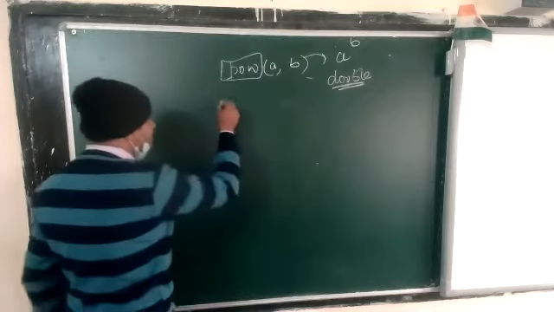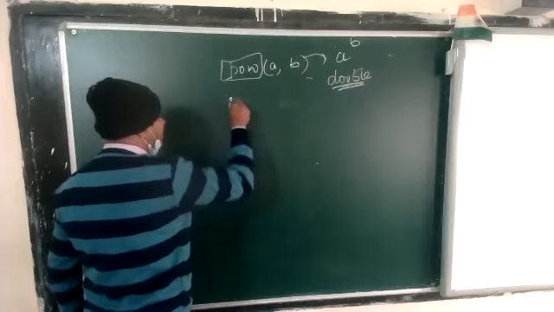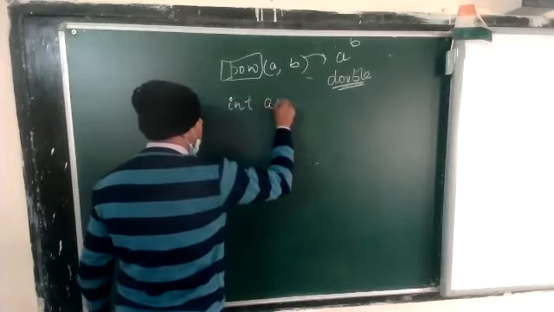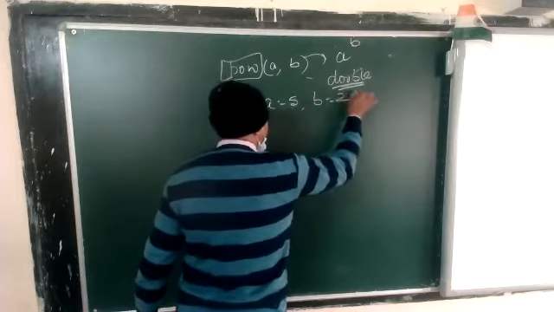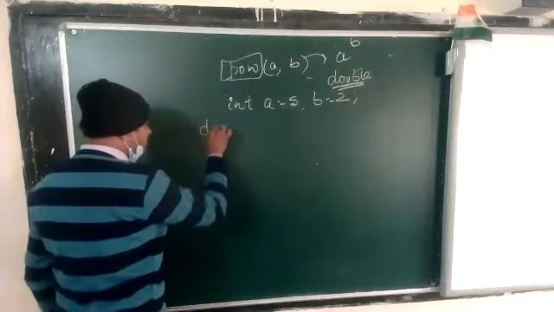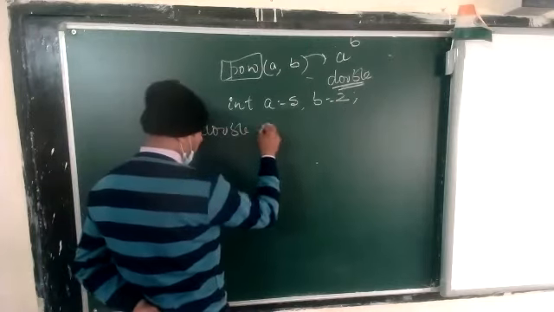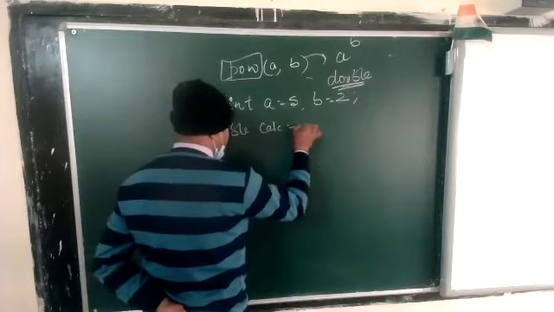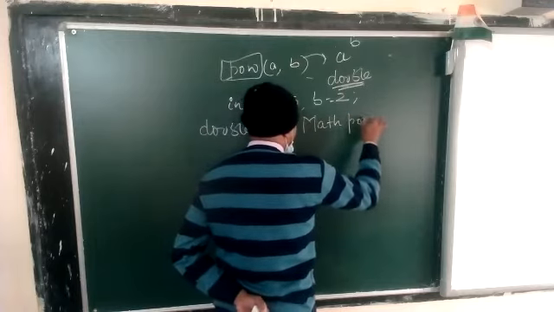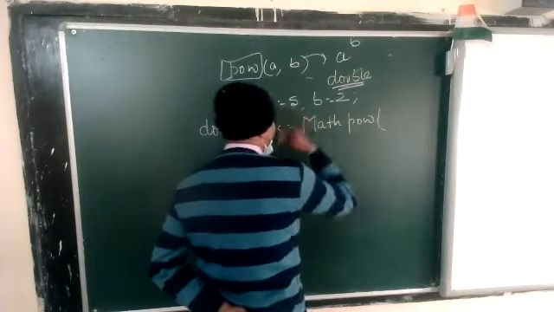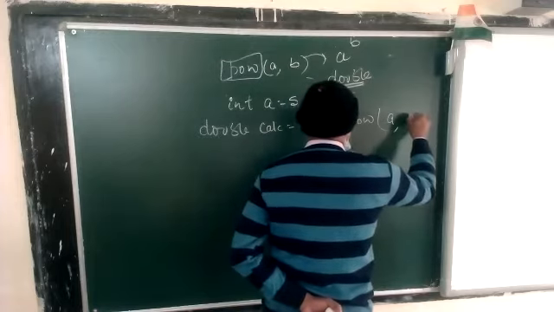So let us see. One value I am taking, for example, int a equals 5 and b equals 2. So I can write a statement to calculate the power: double calc equals Math.pow, and I will pass either the values or a comma b.